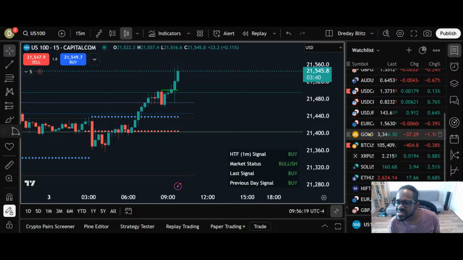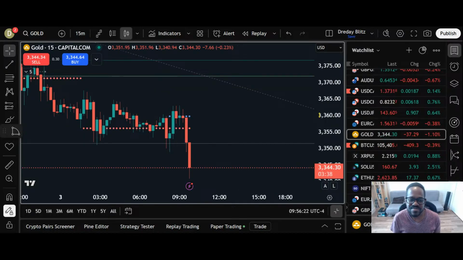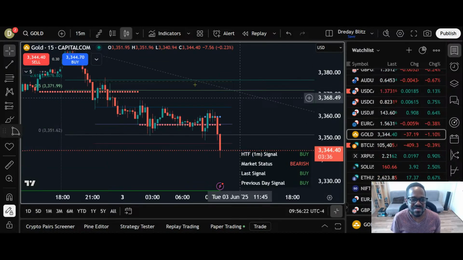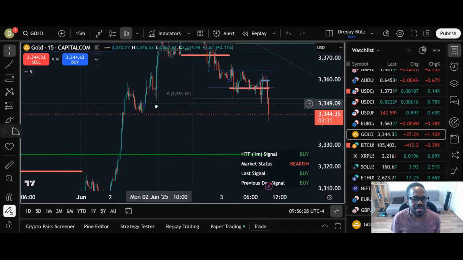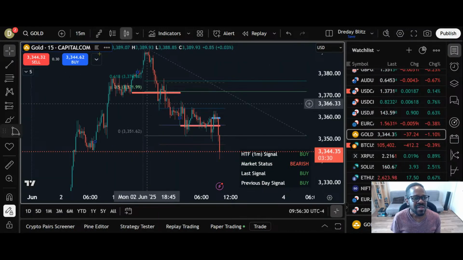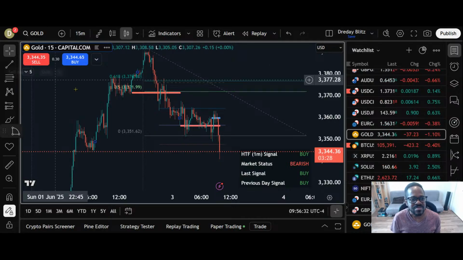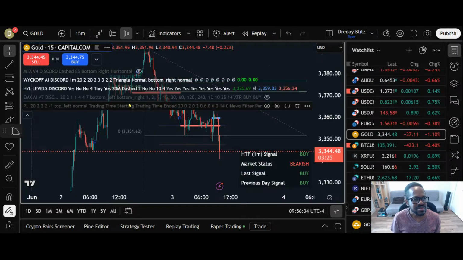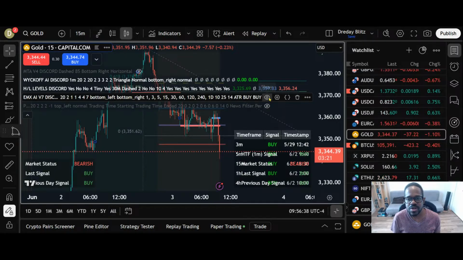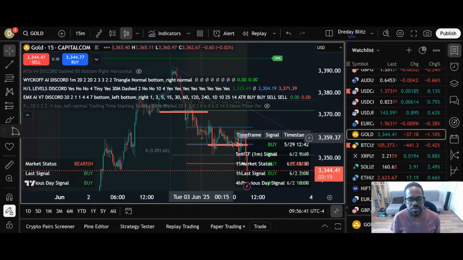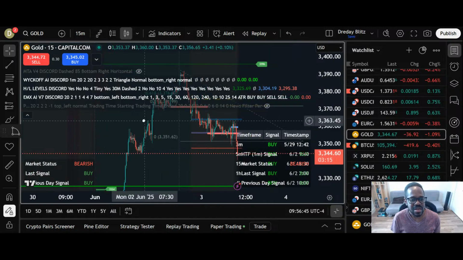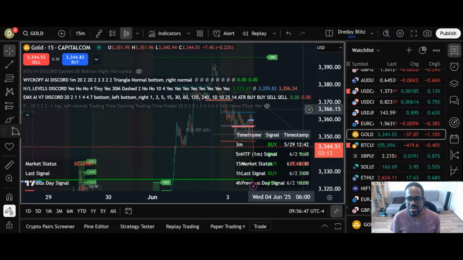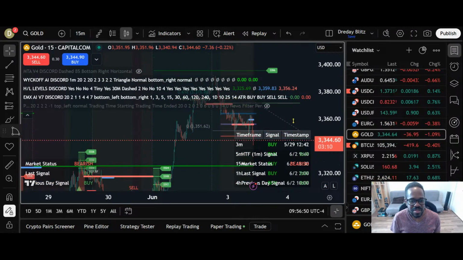Gold is here. Yeah, so gold, for sure, you're going to have a setup sometime before or after. So right now, you see on the 15, we didn't have any sell on gold on the 15.